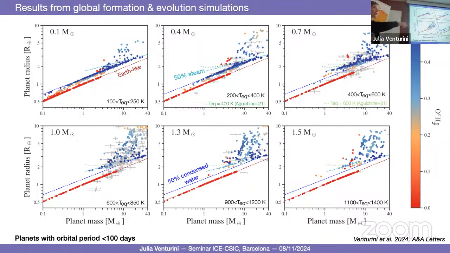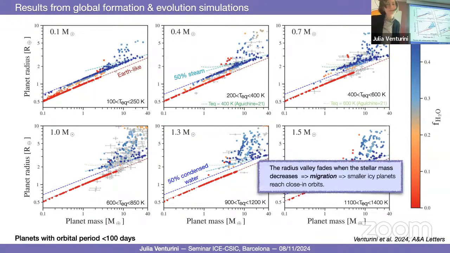But this disappears when we move towards M-dwarfs, because the water-rich planets that form beyond the ice line are now arriving. We are looking at short orbital periods always. Now we have smaller ones that reach short orbital periods, and then there is no clear valley. There starts to be this overlap in radius between the rocky and the water planets.